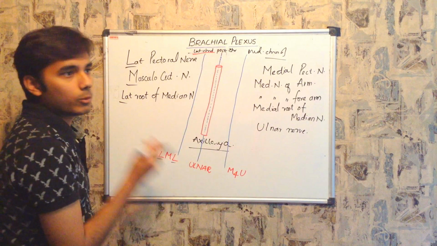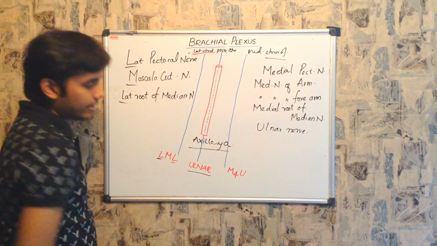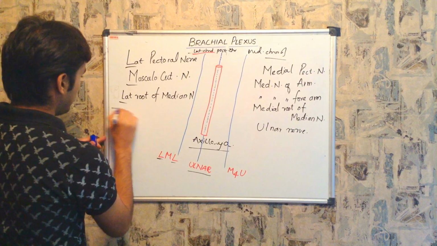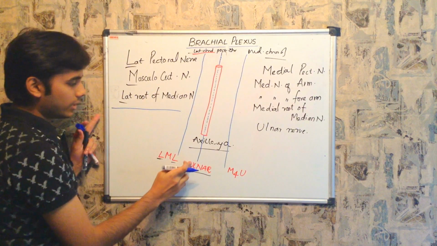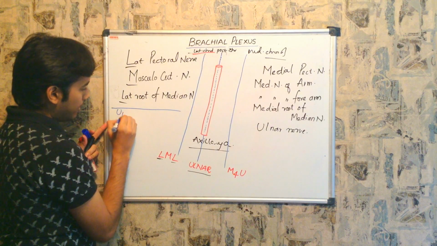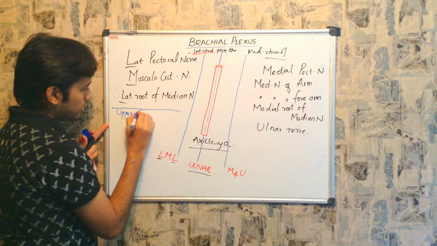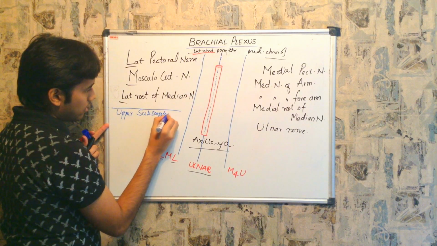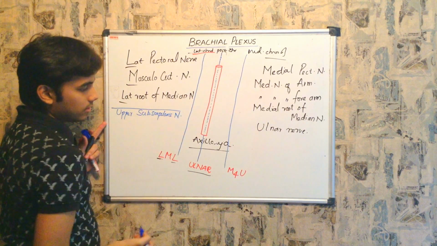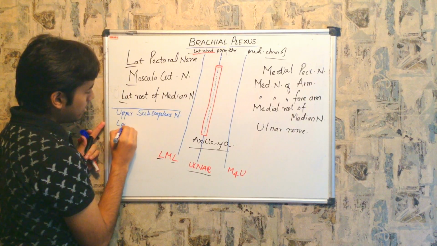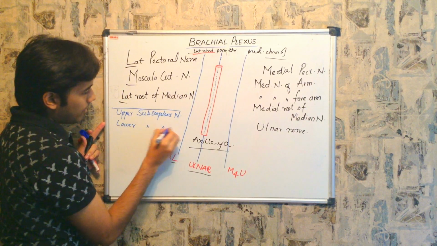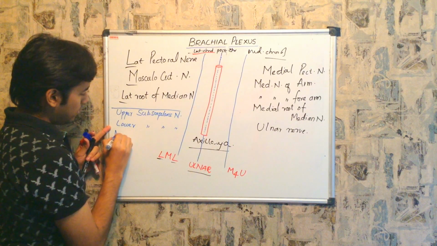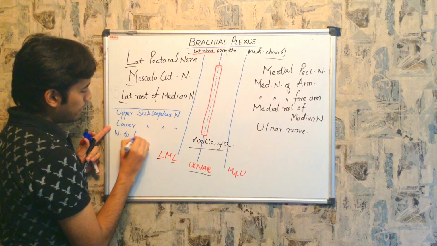Next, the posterior cord. The posterior cord mnemonic is ULNAR. So I'll write it here. U stands for upper subscapular nerve. L stands for lower subscapular nerve. N stands for nerve to latissimus dorsi.